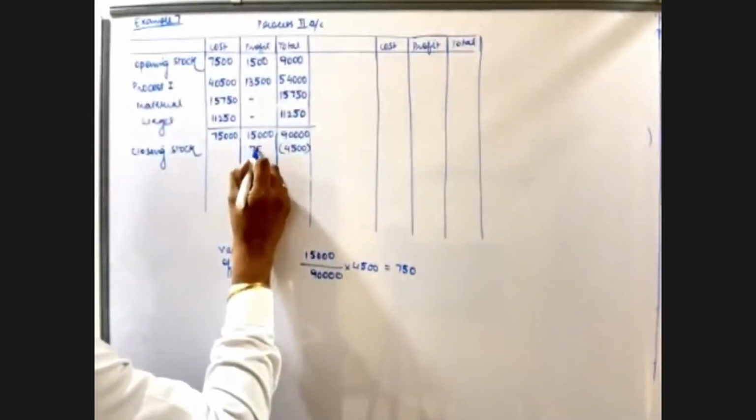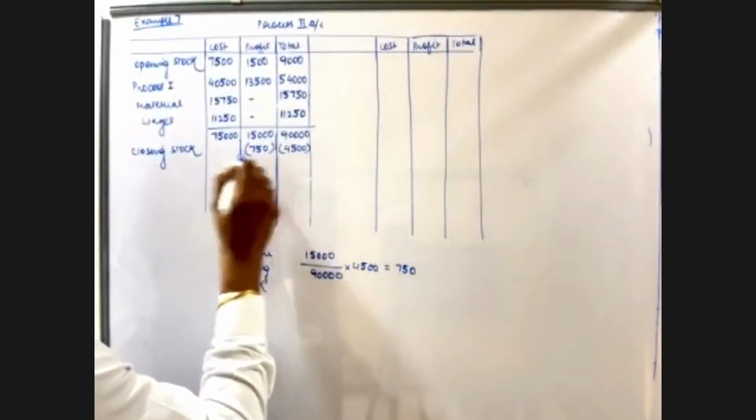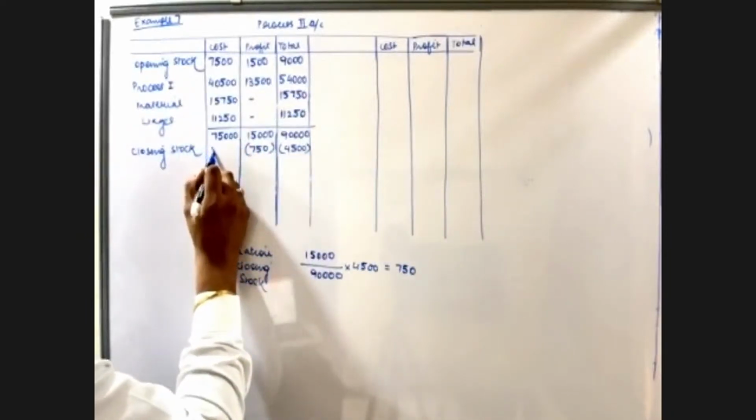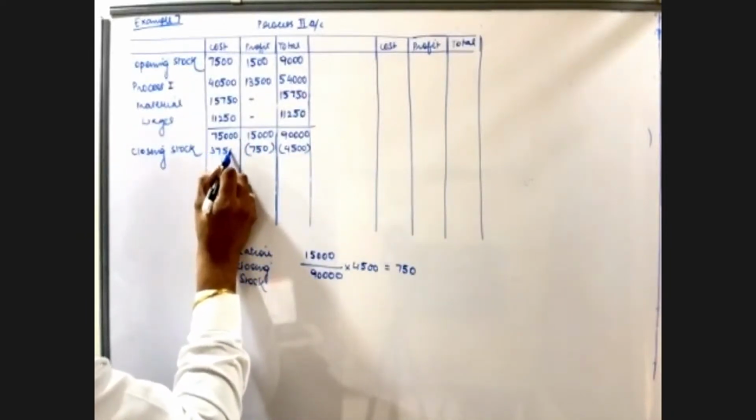So this is my profit element, and this will be my cost element, 3,750.